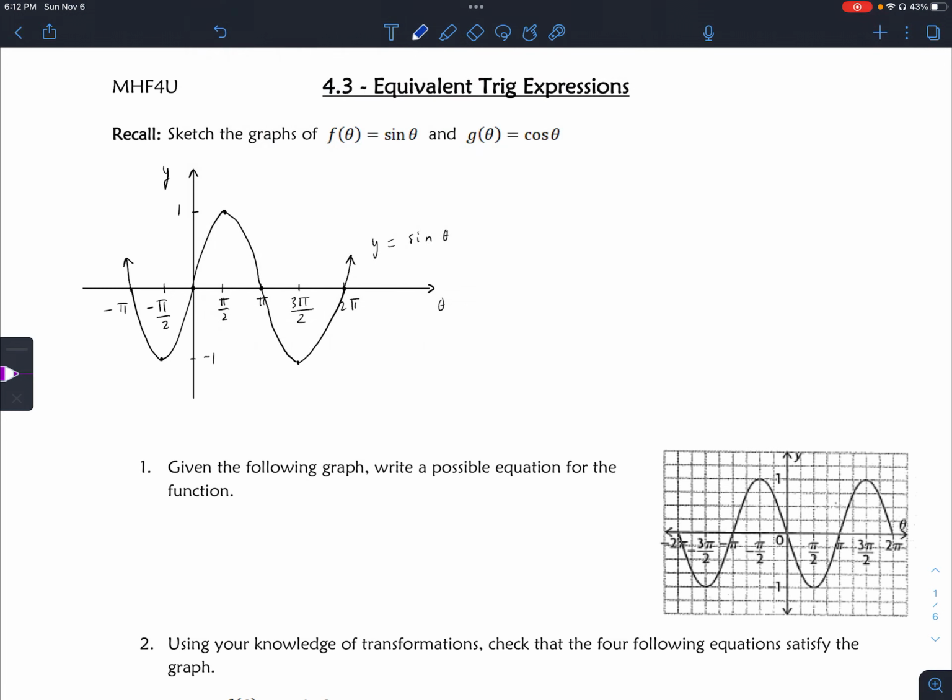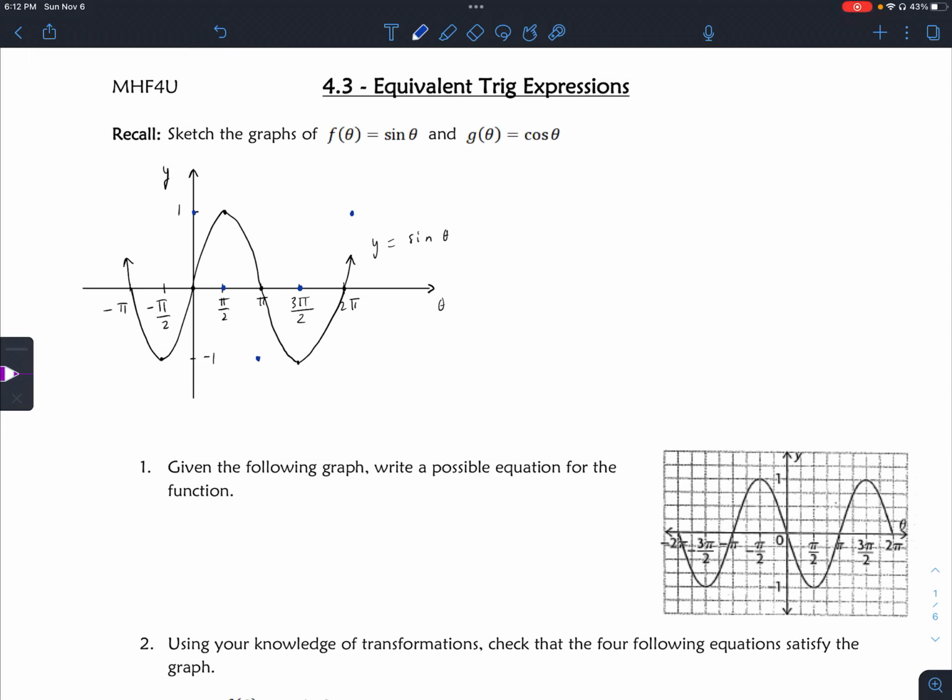There's a point at 0 and 1, a point at pi over 2 and 0, a point at pi and negative 1, a point at 3 pi over 2 and 0, and a point at 2 pi and positive 1.